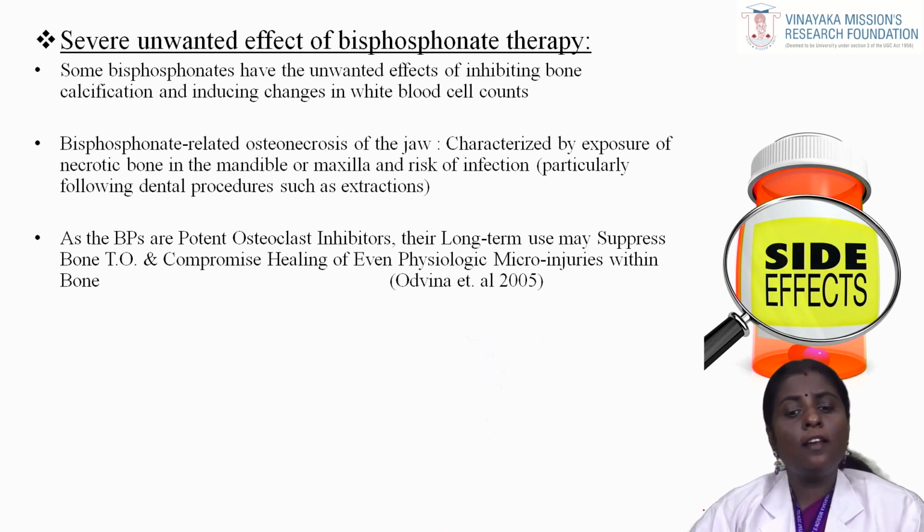Bisphosphonate related osteonecrosis of the jaw. It is characterized by exposure of necrotic bone in the mandible or maxilla and risk of infection, particularly following dental procedures such as extraction. That is, patients who are undergoing bisphosphonate therapy may have osteonecrosis. As the bisphosphonates are potent osteoclast inhibitors, their long-term use may suppress bone turnover and compromise healing of even physiological micro-injuries within the bone.